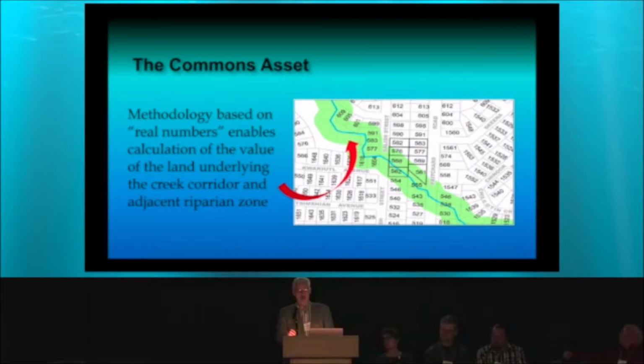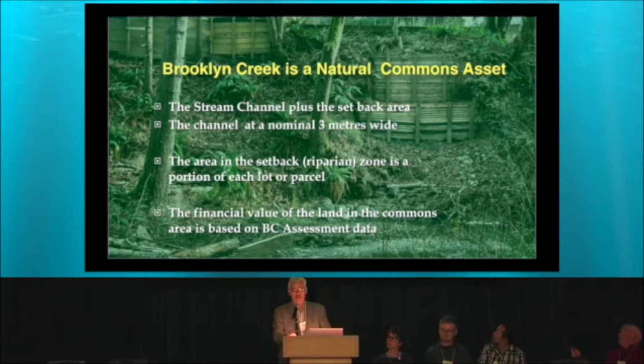The ecological accounting process also looks at the commons asset, as we call it, which is the ribbon of land that underlies the stream and encapsulates the adjoining riparian area. In this map, what you're seeing is that zone imposed on platted properties. What we did is we take those portions of each lot and figure out what their value is based on the assessed value of the land in that particular adjoining parcel.